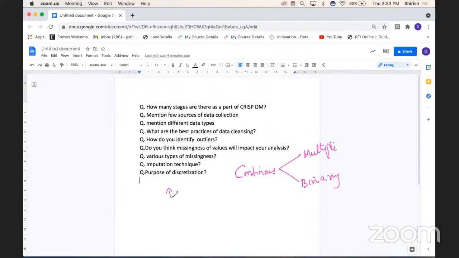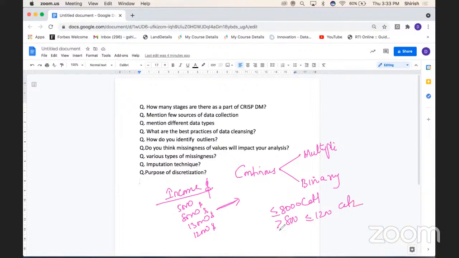When you take continuous data, the first thing is income, because I write it in dollars, it is continuous. You have the column here. I want to convert it into discrete because the model will not accept it. So I can make it into three categories: category 1, category 2, or greater than 12,000, I can make it category 3.